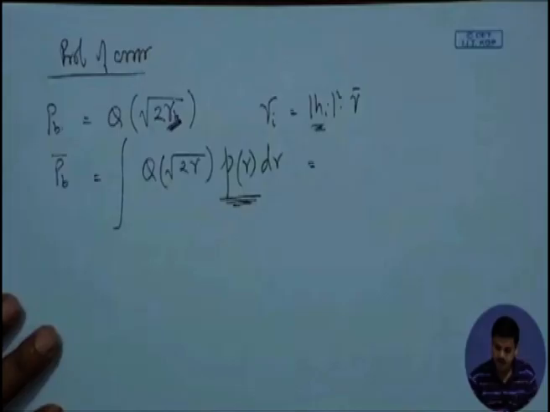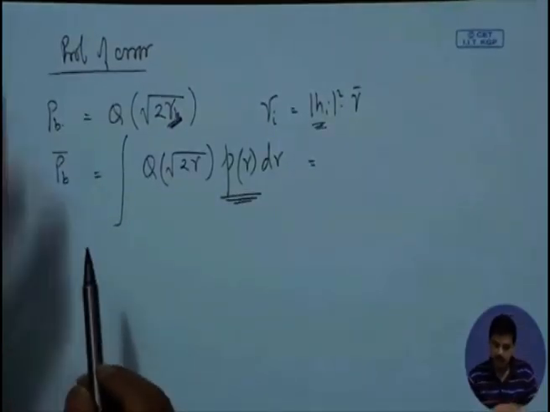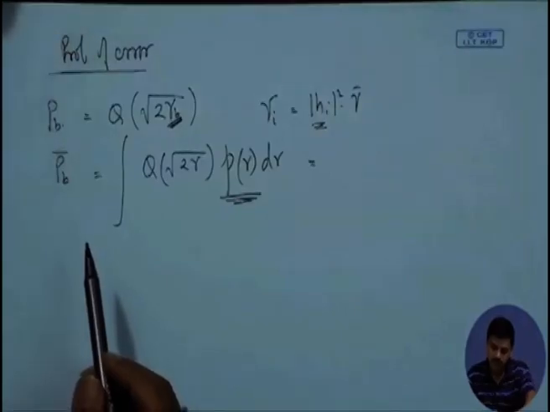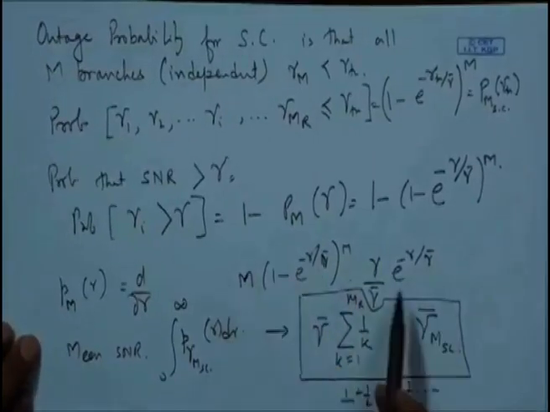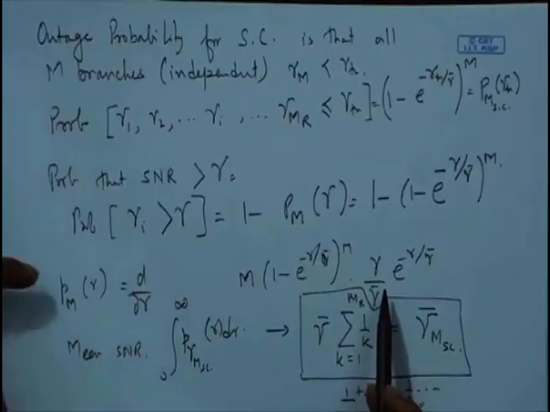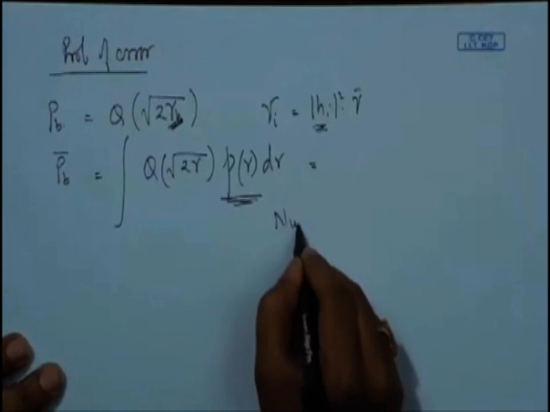When you do this, the error probability that you get by using this PM is pretty complicated because of the expression we have already seen before, and if we have to use this particular expression, it's not very easy to get it through analytical techniques. So we have to use numerical techniques.